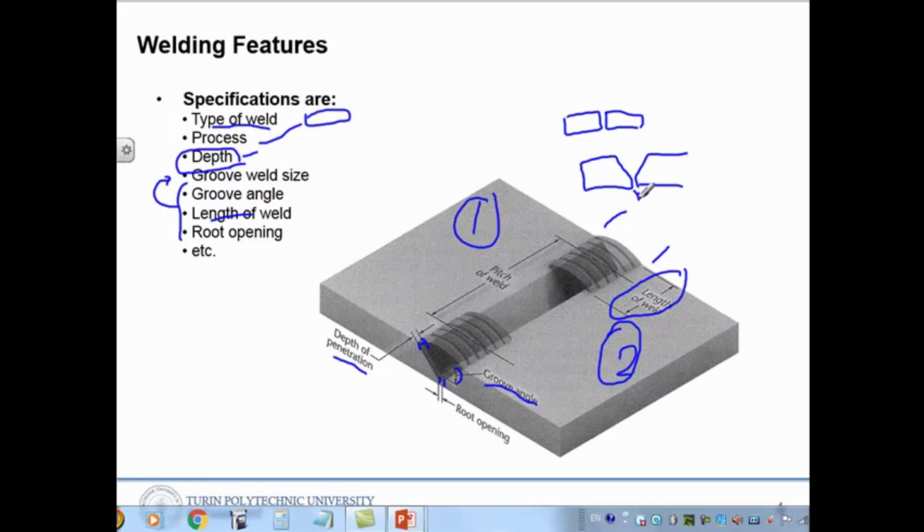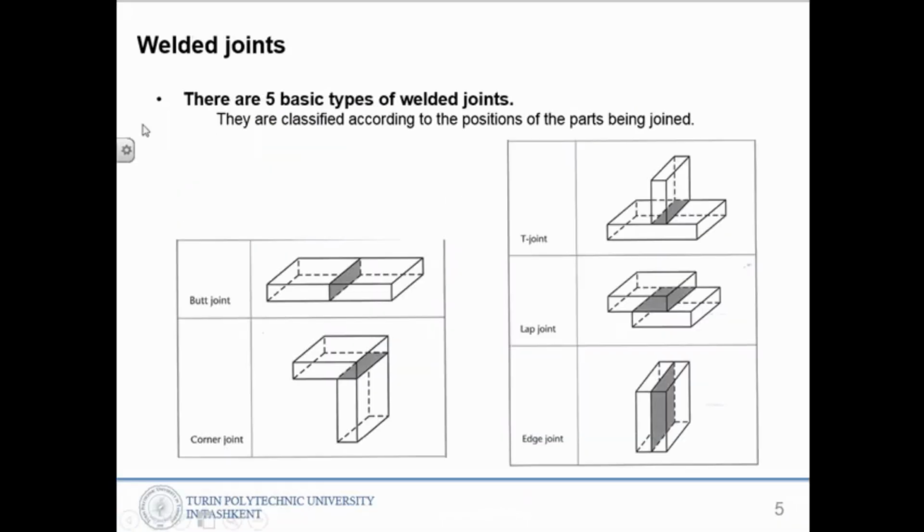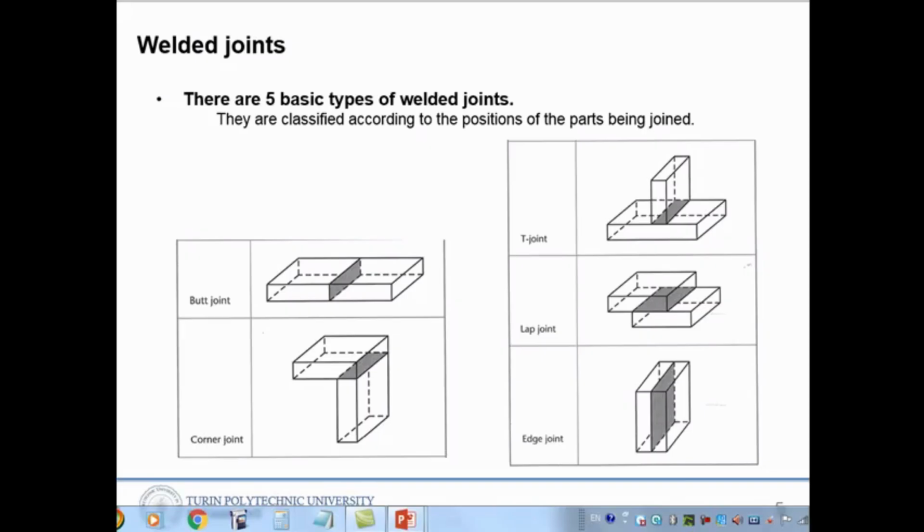This distance is called the root opening. These sizes can be shown inside the drawing and define a welding definition.